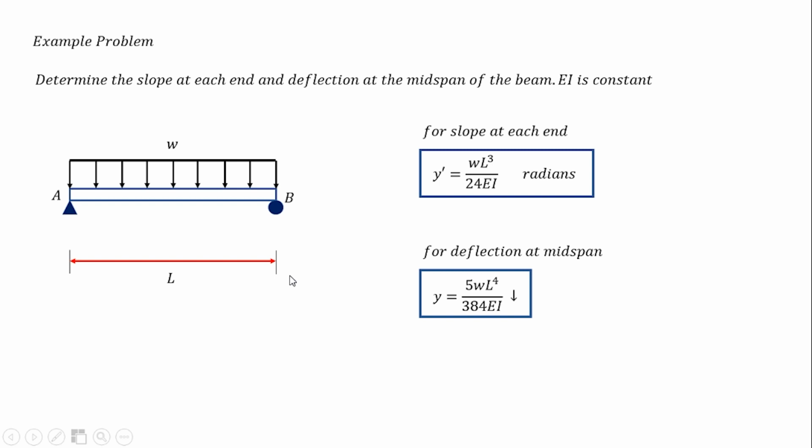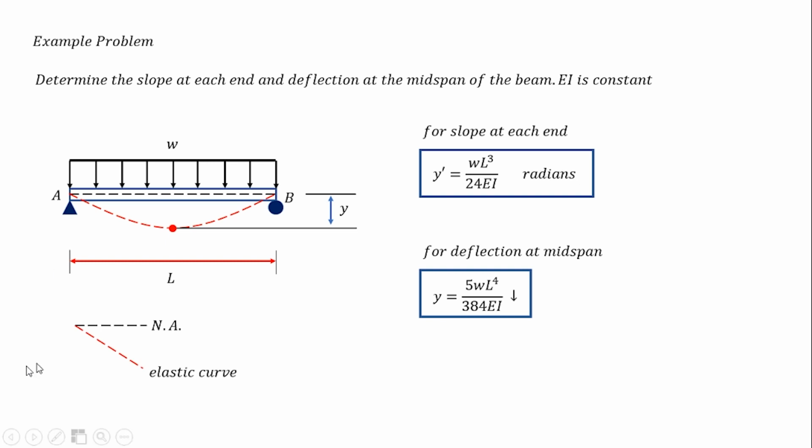To visualize the deflection and the slope, for our deflection, we note the initial neutral axis, the black one, and the deformed neutral axis, or the elastic curve. If we look for the value at the midspan, it is this value y, the deflection at the midspan. But if we want to visualize where the slope is, we need this.